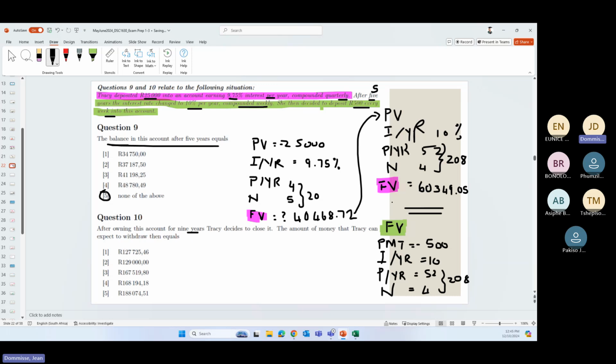So let's see, PMT of minus 500, interest rate is 10, 52 times per year for 4 years. If we work out the future value of that, we get 127,725.46.